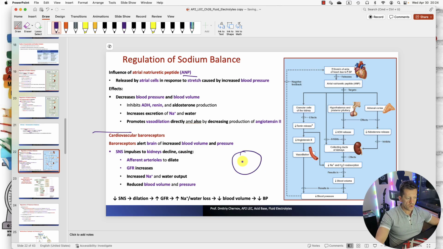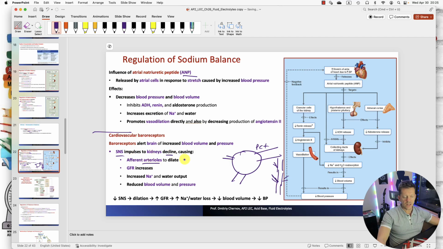So here's your glomerulus, here's your afferent arteriole, here's your efferent arteriole. This is the proximal convoluted tubule that will eventually lead to a collecting duct, right? That's the collecting duct with aquaporins here. So the central nervous system stimulates the kidneys to dilate the arterioles.